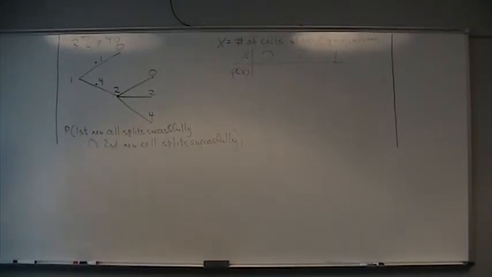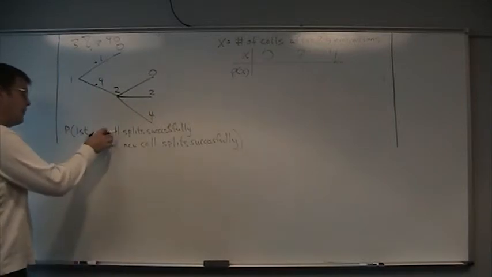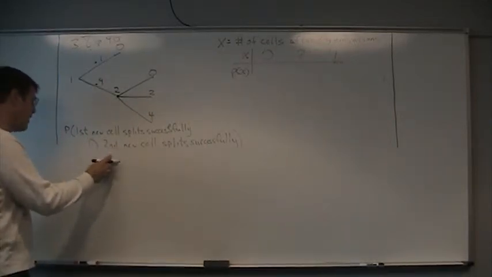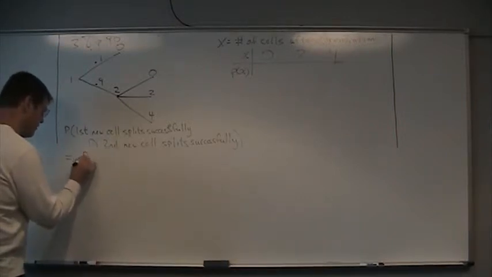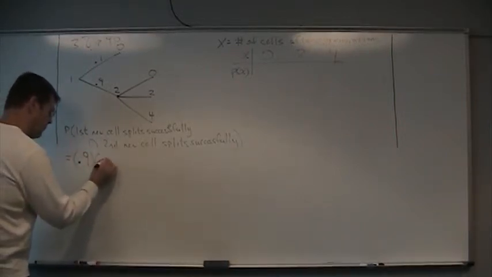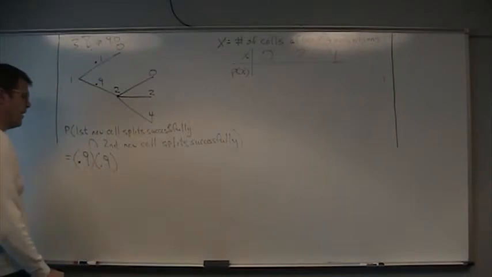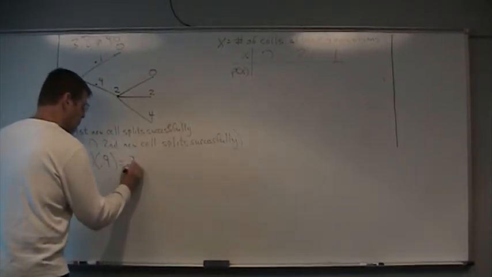We're told that the probability for each one of these is 0.9 and that these events are independent of each other. So because of that, we can take each one of these probabilities and multiply them. So we've got 0.9 squared, which is 0.81.